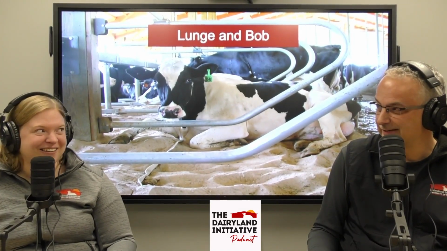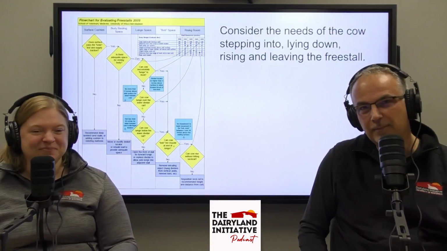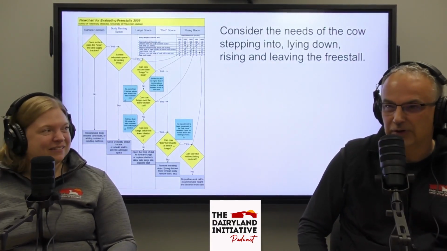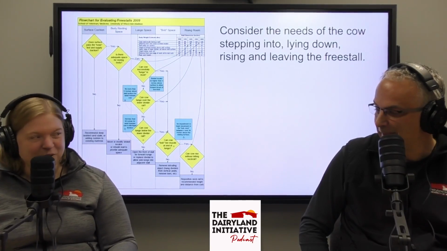So starting with Lunge and Bob. It's pretty important, because we're trying to maximize the natural rising and lying movements of the dairy cow. This all dates back to joining the group. That was in the 90s.